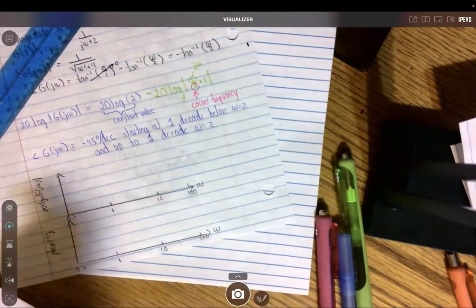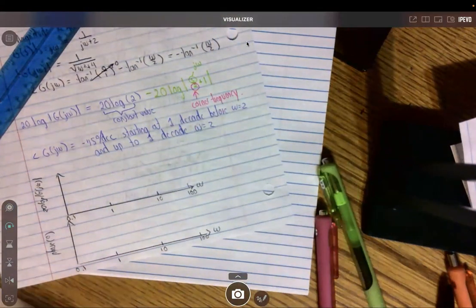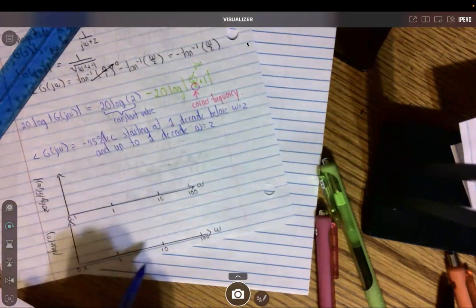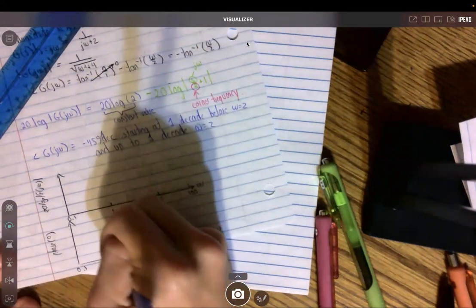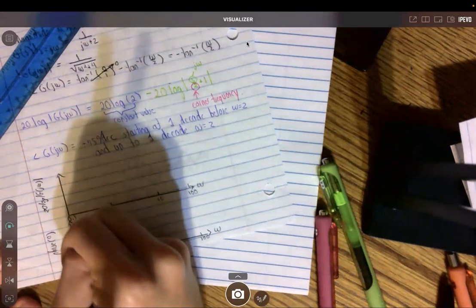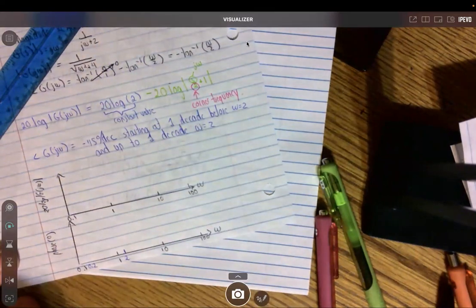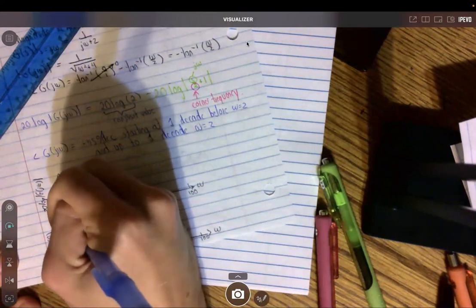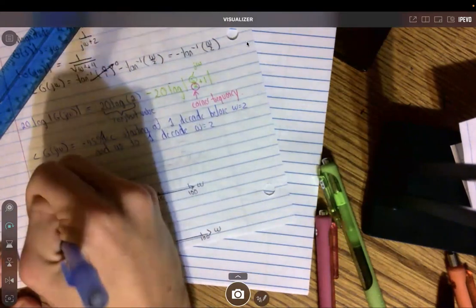So specifically, we're going to notice that it's negative 45 degrees per decade, 1 decade before ω equals 2. So this is ω equals 2. So 1 decade before would be at 0.2. So right here at 0.2, we're starting at 0 degrees.